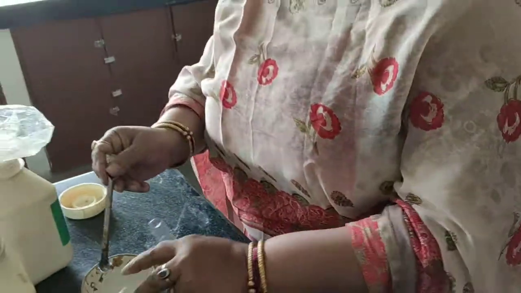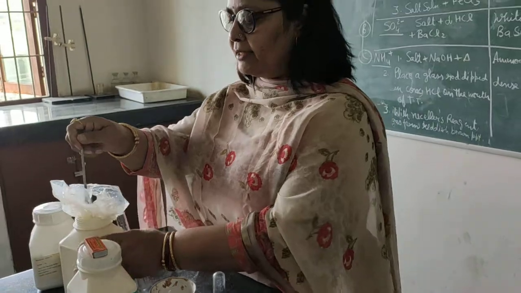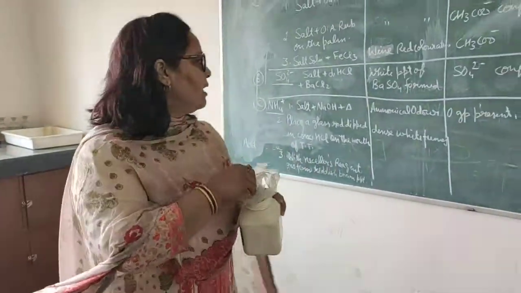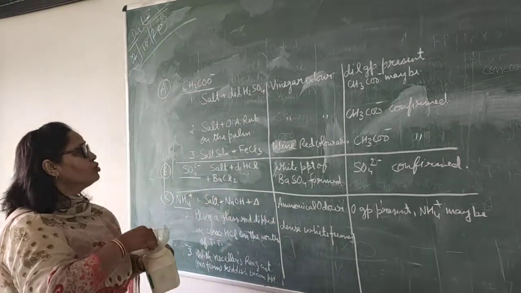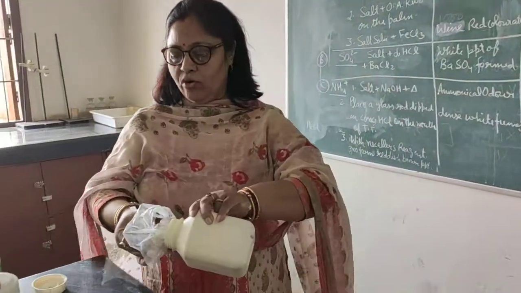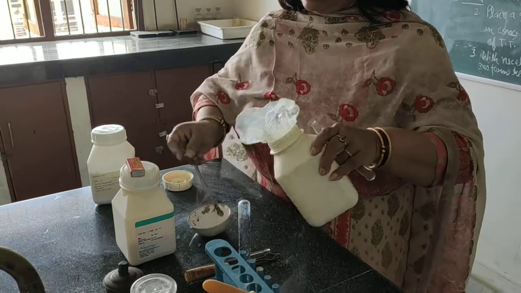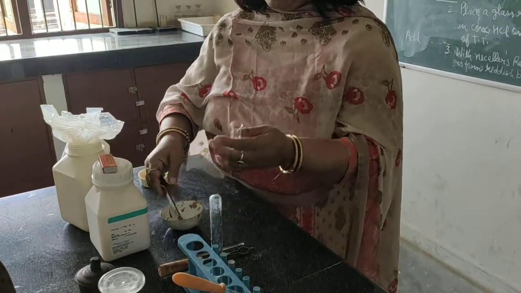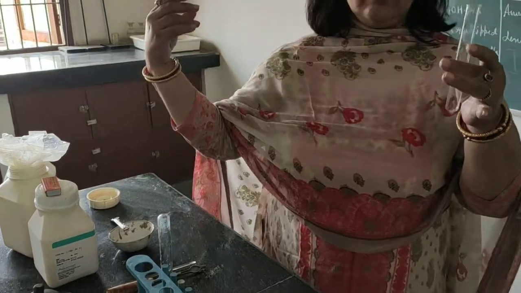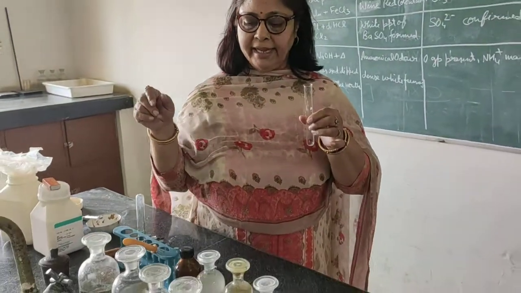Now the very first test, as I write here on the board, is salt plus dilute H2SO4. So now I am going to take this test. You see that in a test tube we use this salt, ammonium acetate.